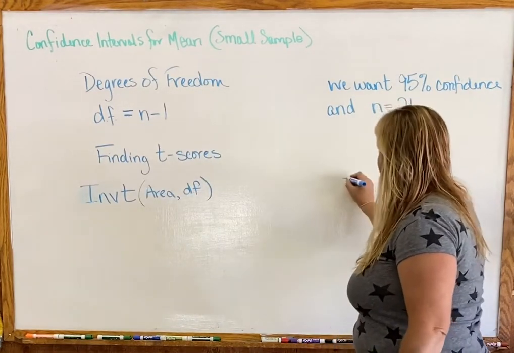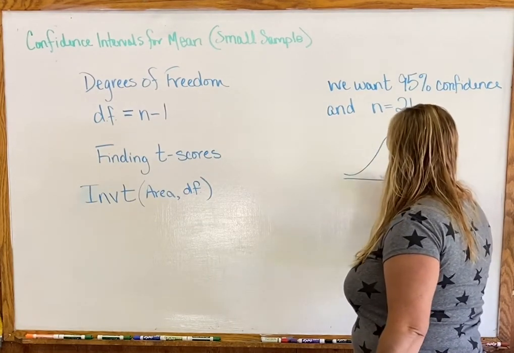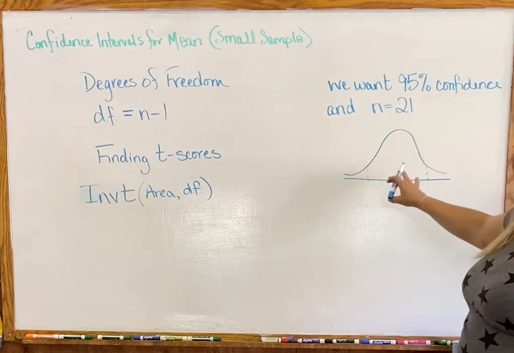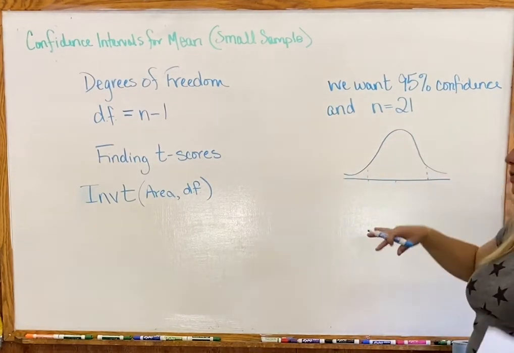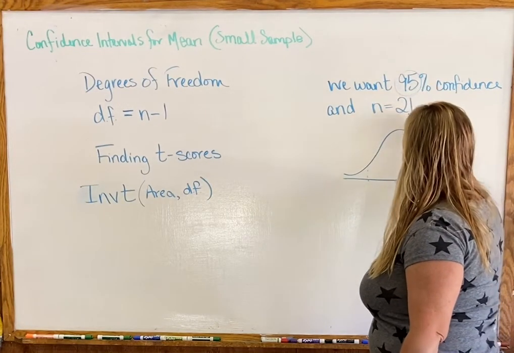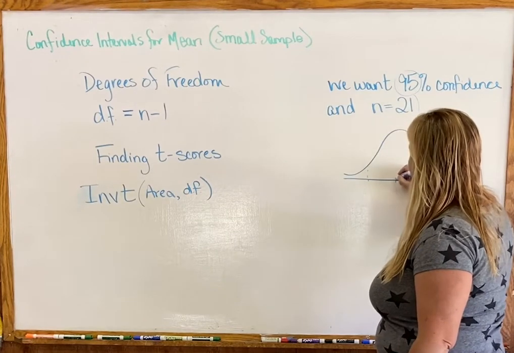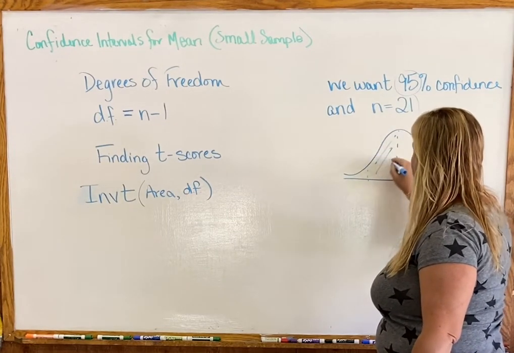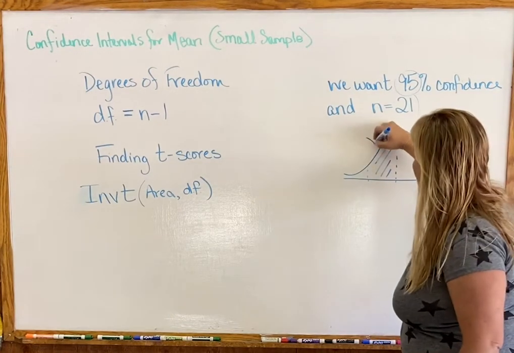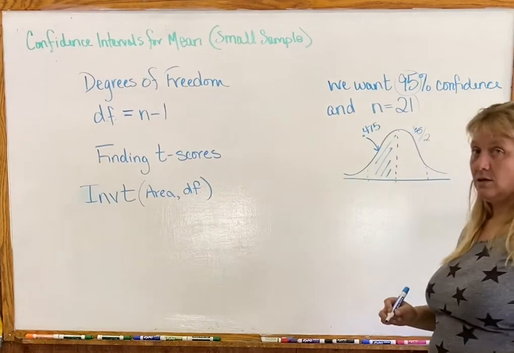So we're going to start the problem the same way by making a little graph. Now I know I made a really nice normal graph, but remember this is just somewhat normal, and the graph is just a visual for you. Remember that this 95% is the whole area, 0.95, but we just want half of it. So we take 0.95 and divide it by 2, which gives 0.475.